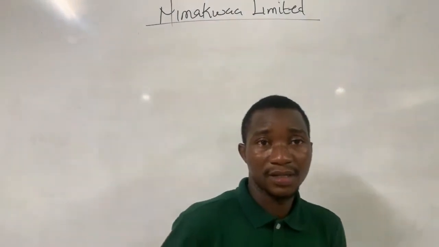To solve a depreciation question easily, first of all, you need to calculate the annual depreciation of the assets before you begin to prepare the accounts, that is the motor vehicle account, provision for depreciation, and motor vehicle disposal account. So first of all, I would like us to prepare a statement of depreciation to calculate the annual depreciation of the asset.